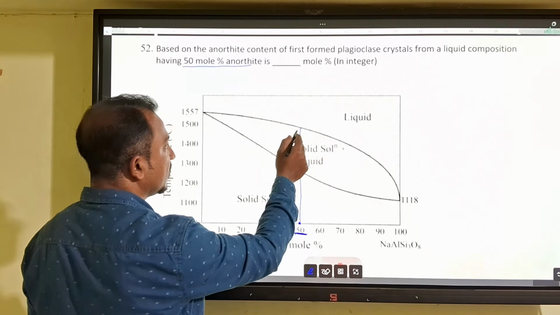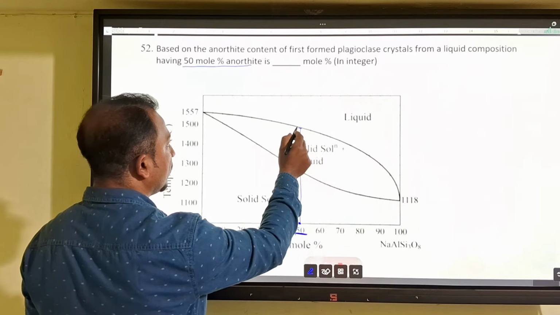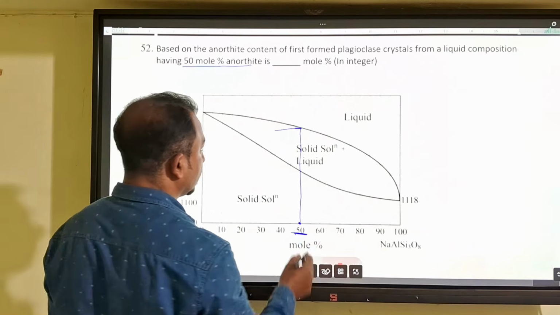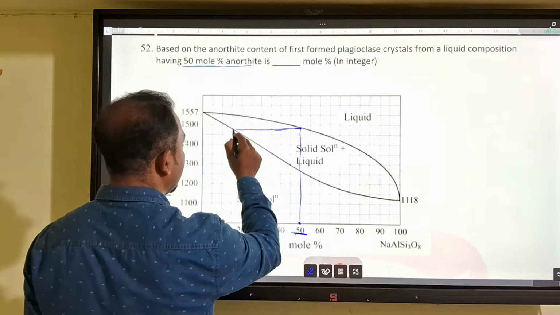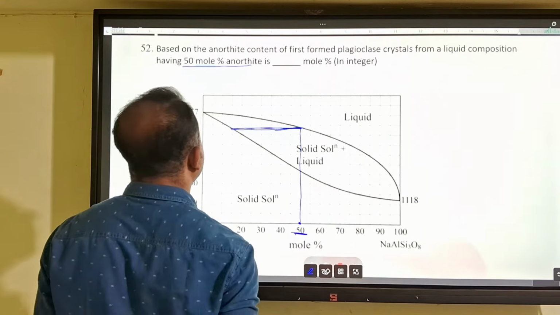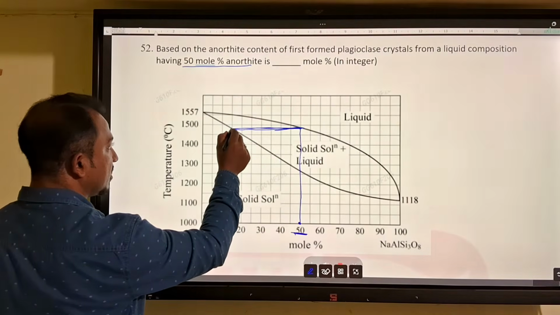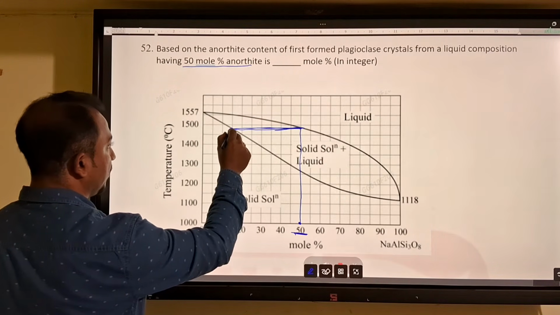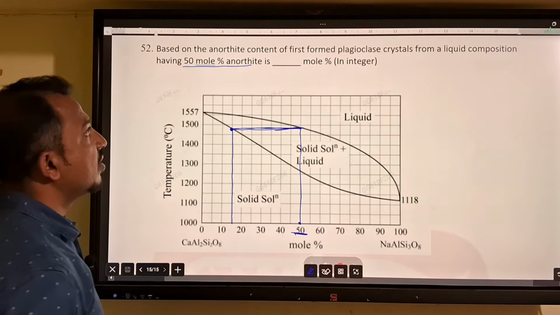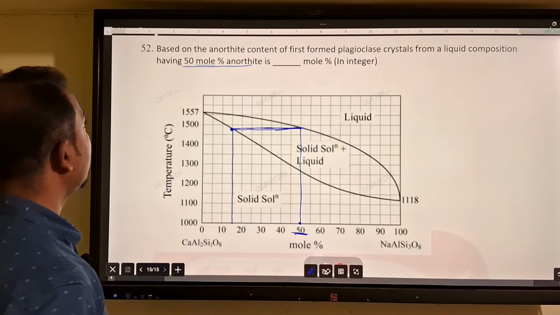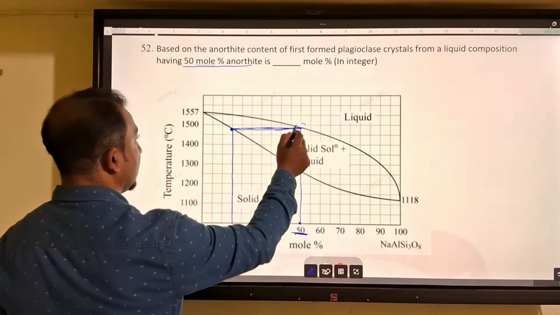So this is the liquidus curve. Then draw a horizontal line toward the solidus. So it will touch here. This will be the solid percentage, that is the plagioclase, that forms for this liquid composition.